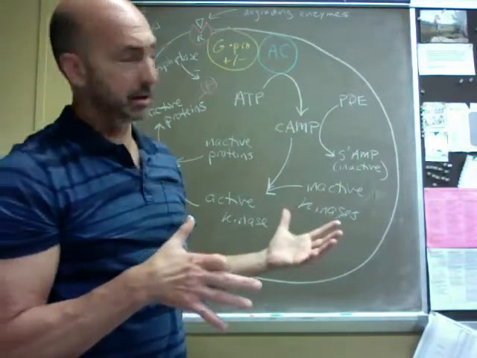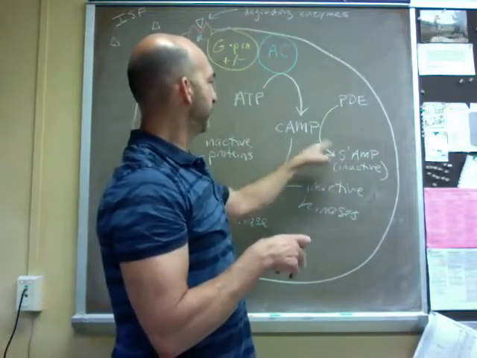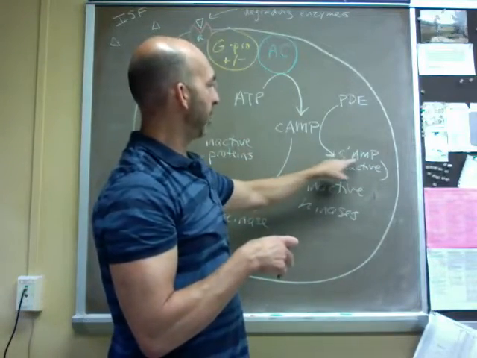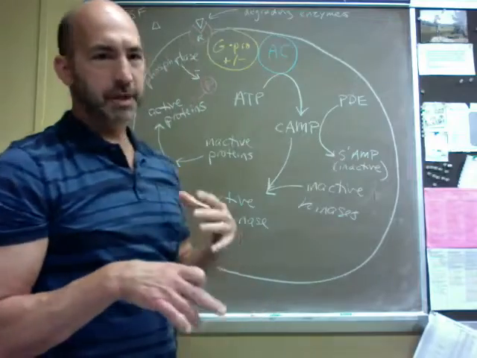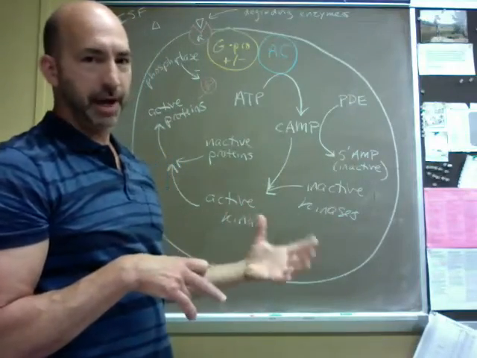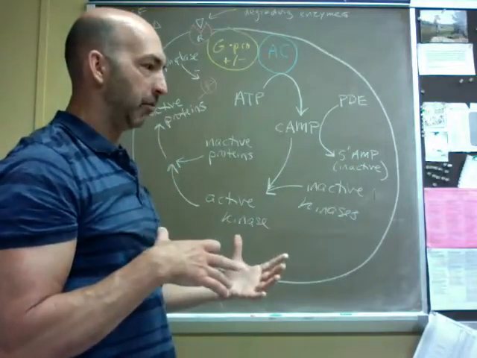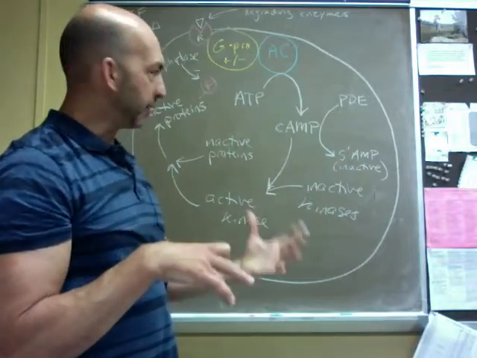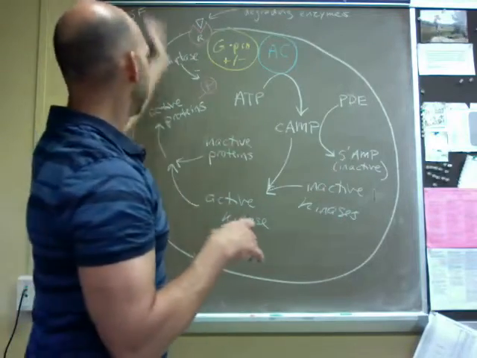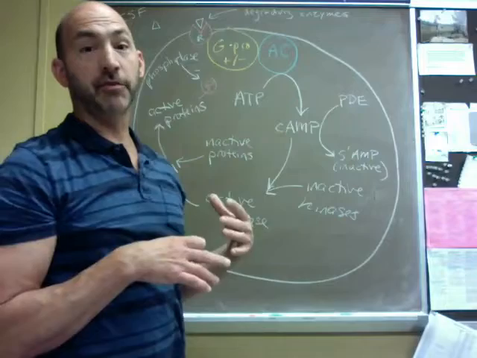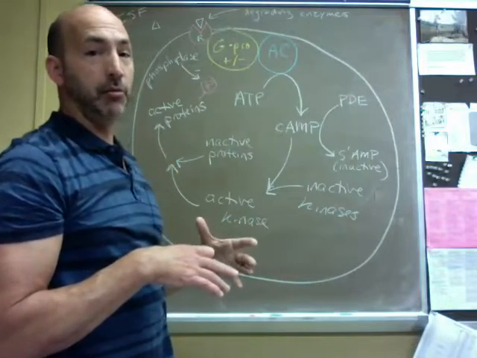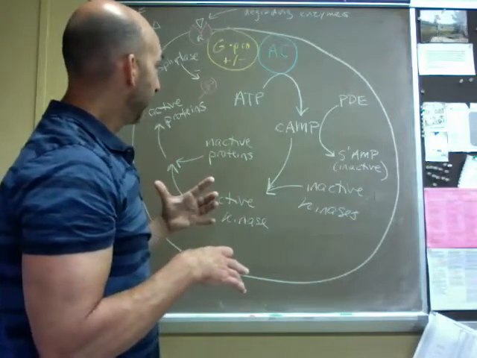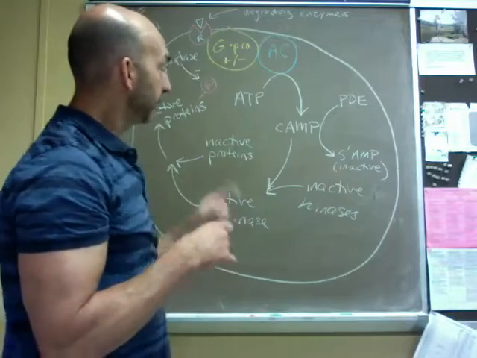That's the only difference, right? And of course the product produced here would be 5' GMP. So just substitute G's for A's, and you have a different scenario that could be linked to different kinases, through different hormones, whatever. It gives us some variety for how this cell would respond to different hormones, okay?